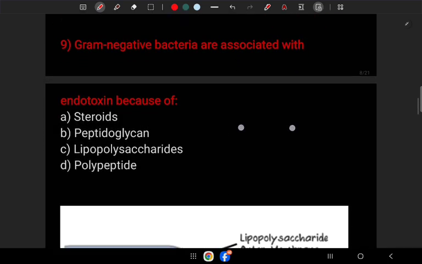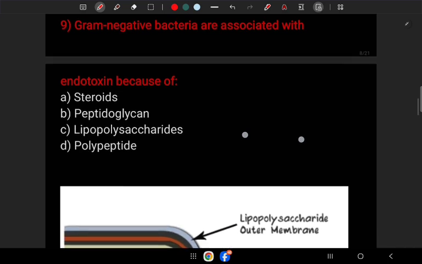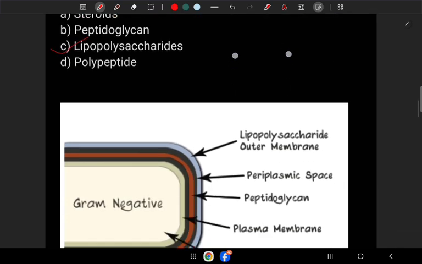Next question, question number 9. Gram-negative bacteria are associated with endotoxin because of steroid, peptidoglycan, lipopolysaccharide, or polypeptide. Endotoxin is present in the lipopolysaccharide layer of gram-negative bacteria.